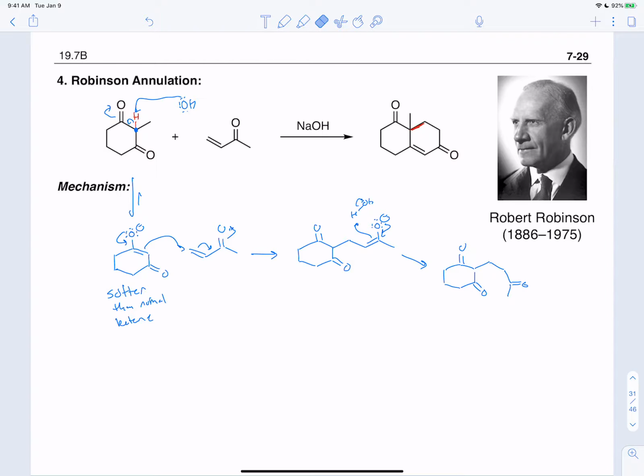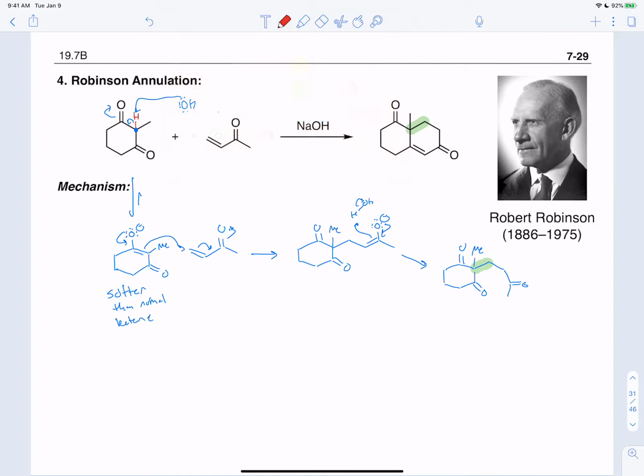If we look at the structure, the bond we just made was this bond. Oh, I lost my methyl along the way. Sorry about that. So you can see that this bond we formed here maps onto this bond here.